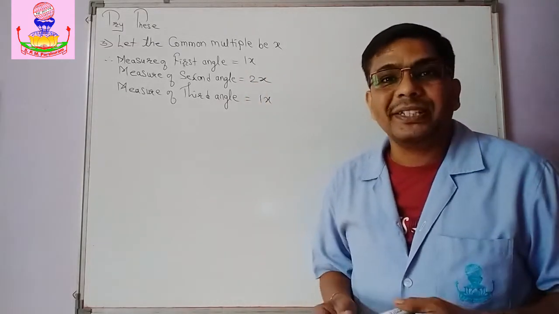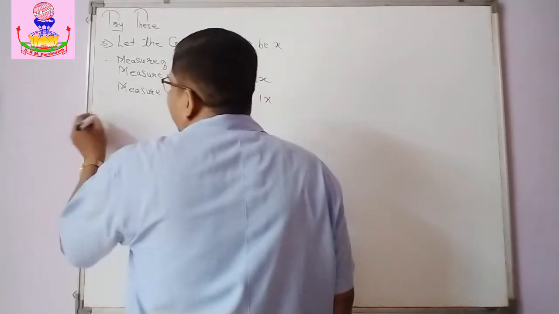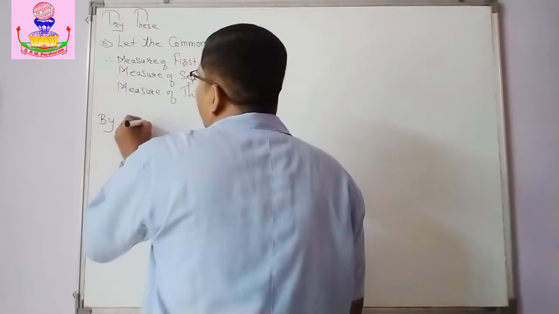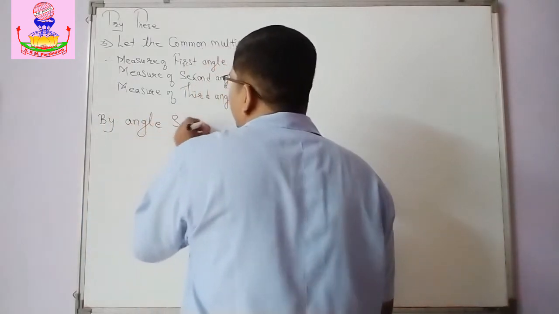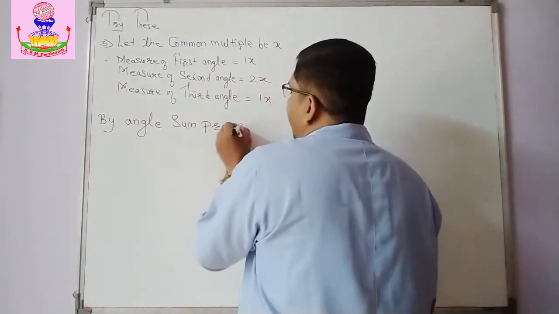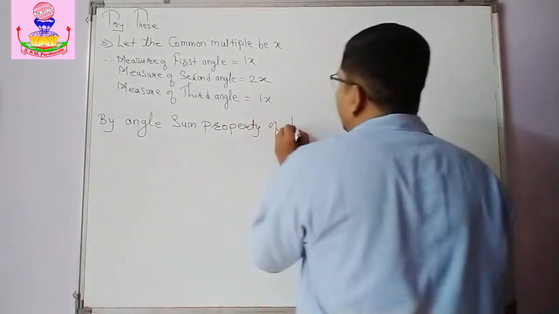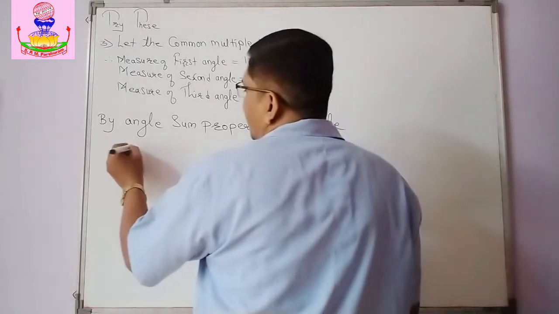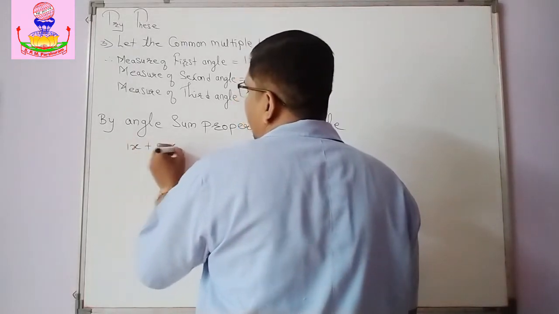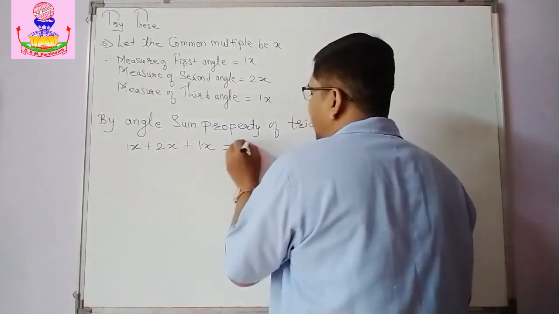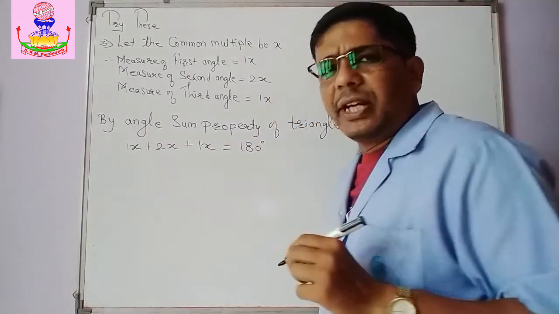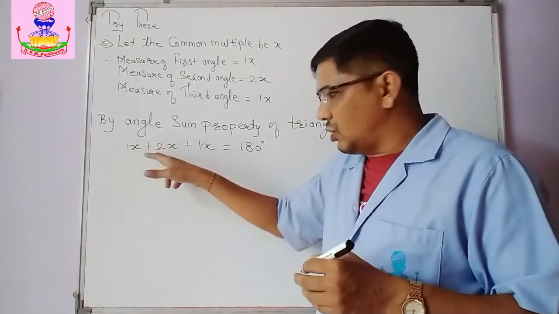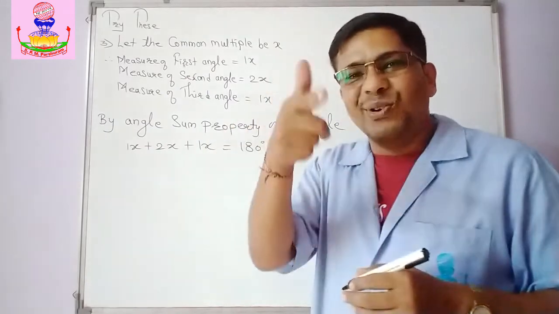Now, we got the measures of all the three angles. So by the property of the sum of measures of angles of a triangle, that means by the angle sum property of a triangle, we have 1x plus 2x plus 1x is equal to 180, because we know that the sum of the measures of all the angles is 180 degrees.